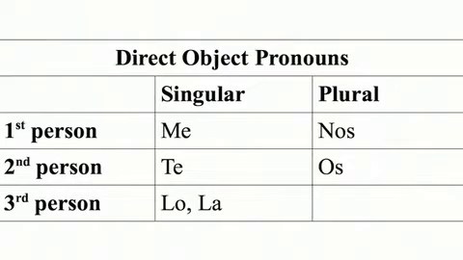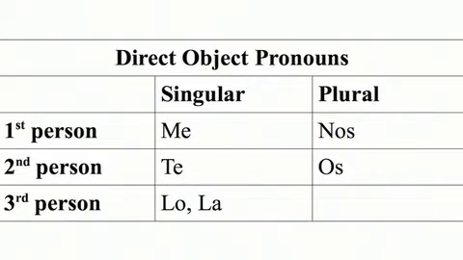If Selena sees you all, in Español only of course, you would use os. And the third person also has two forms, just like the singular third person. The plural masculine would be los, and plural feminine, las. You will use these when the direct object is you plural or them.